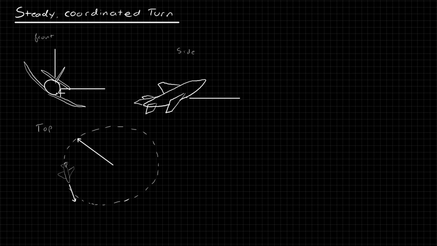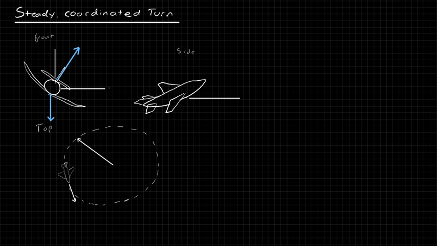Okay, so on our front view, that's the one here at the top left, the first thing that we can put in here is the weight acting down. And then we also have the lift. Now the lift is going to act out the top of the aircraft, because that's the direction that the lift acts based on the lifting surfaces on the aircraft.